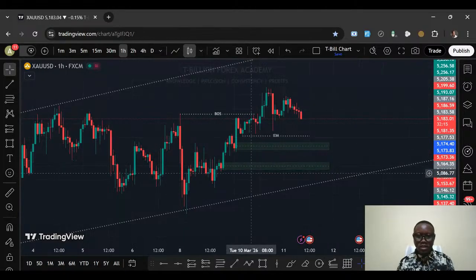As you can see, this other block aligns with this breaker block right here. So this is a very high probability setup.